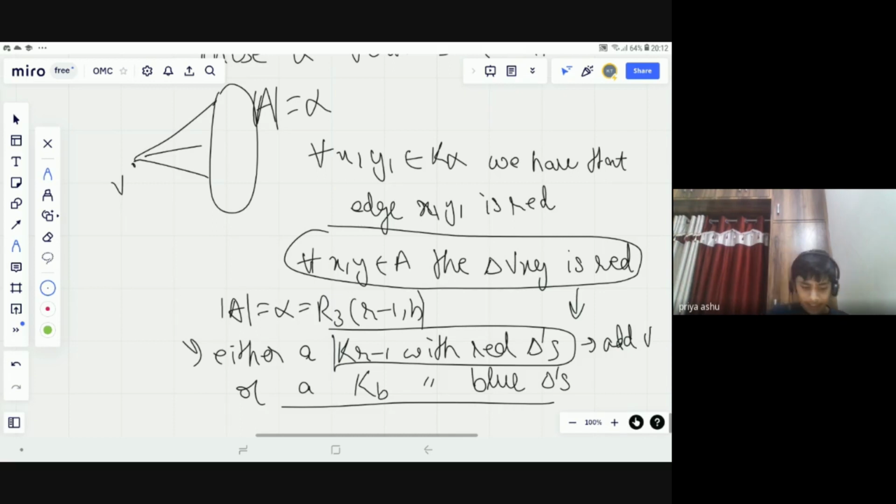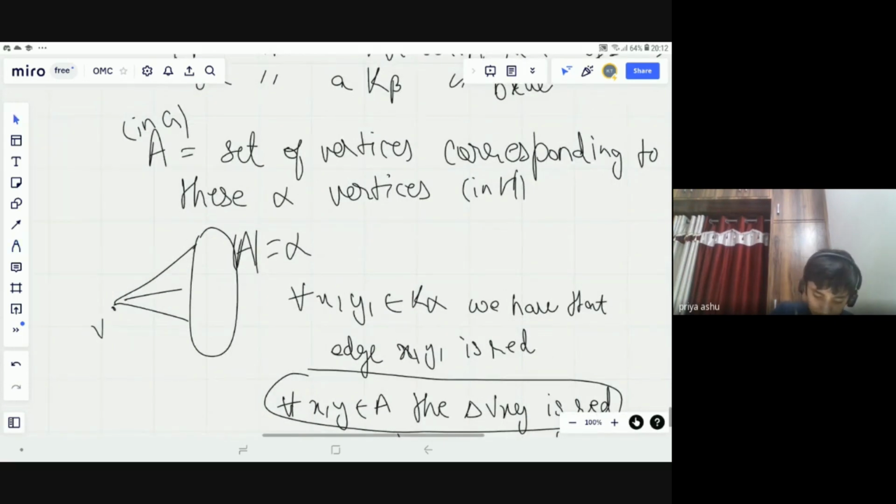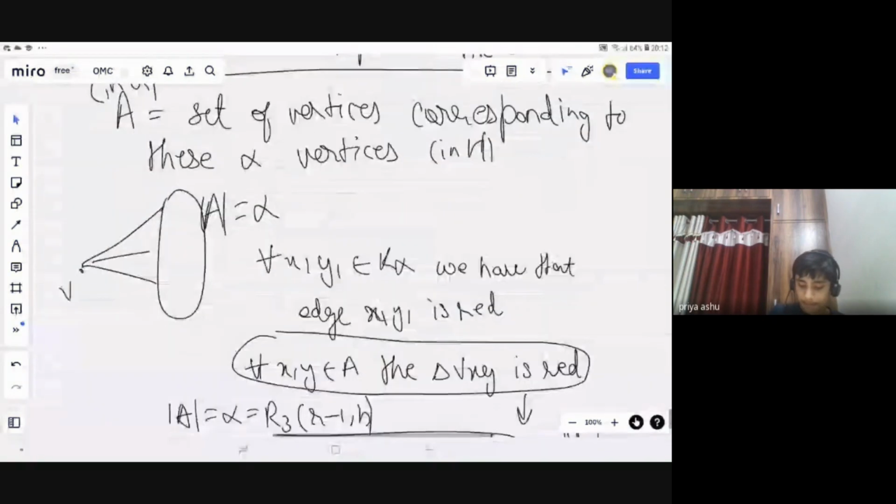If H has these beta vertices which are blue, then that is exactly the same. I won't do it, it is literally exactly the same. So is this proof clear?